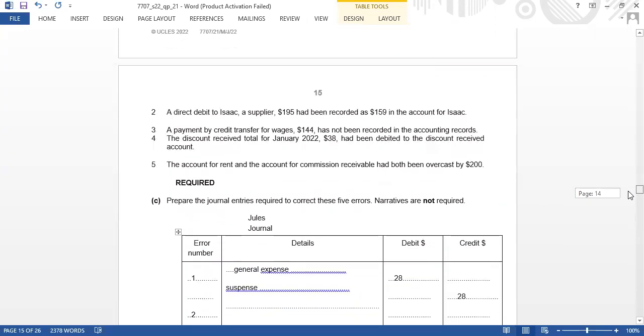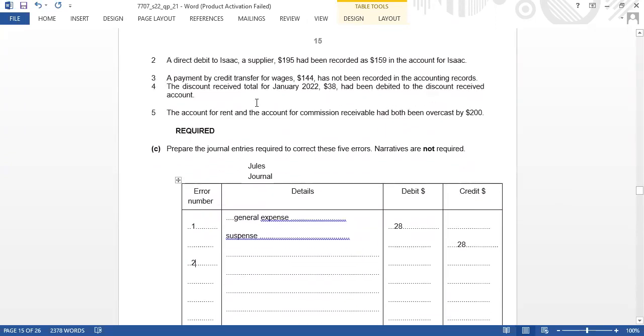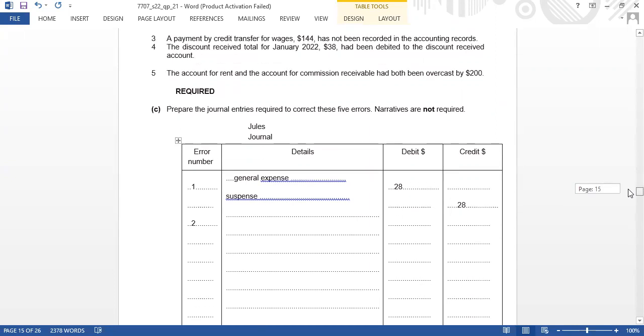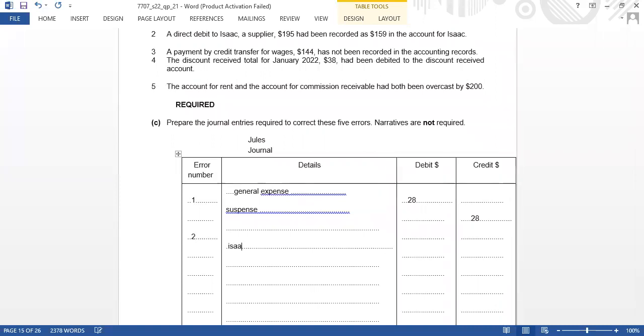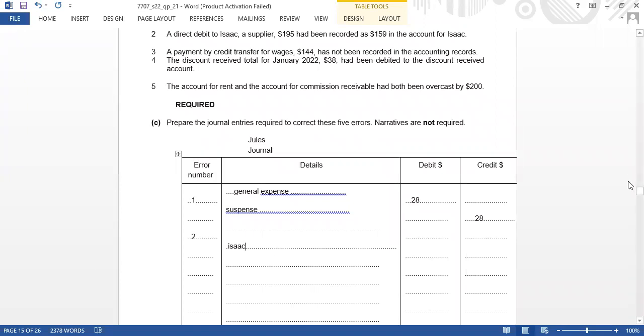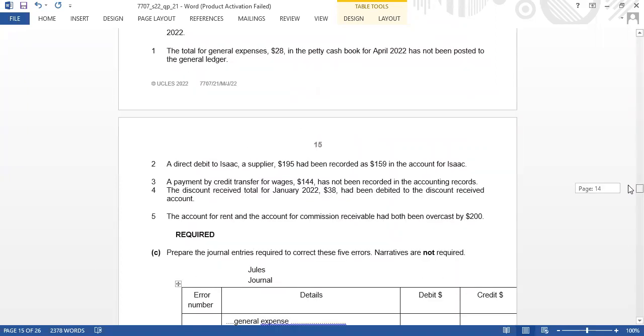Now the second error is the direct debit to ISAC, a supplier, 195 had been recorded as 159 in the account for ISAC. There is the error of wrong amount. So it will be ISAC. We have written direct debit to ISAC, a supplier, 195 have been recorded. Okay, less amount is written.